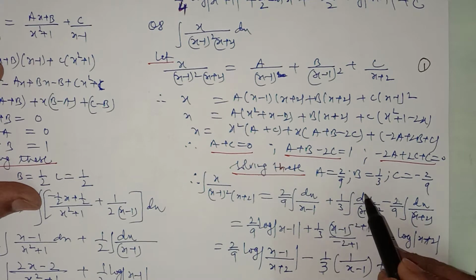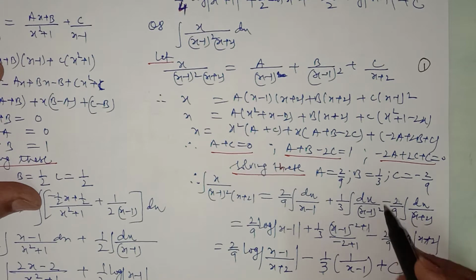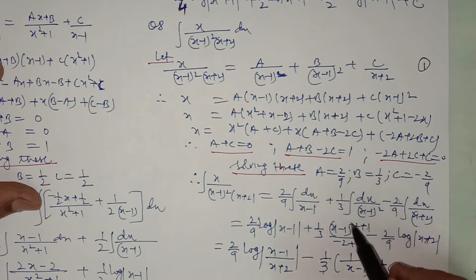Take this to the numerator, that is (x minus 1) to the power minus 2, and integrate by using the integral of x raised to power n, which gives (x minus 1) raised to power minus 2 plus 1 upon minus 2 plus 1, and minus 2 upon 9 log of modulus x plus 2. So be careful with this integral. It is not log (x minus 1) whole square.